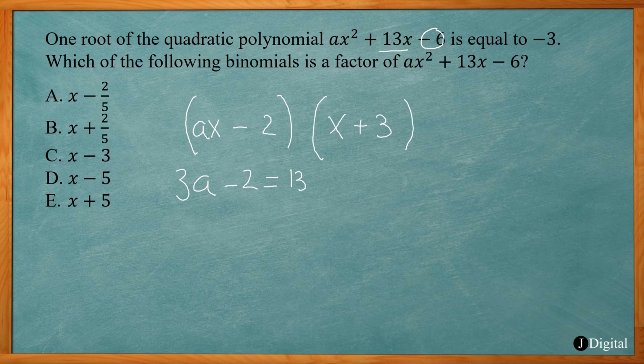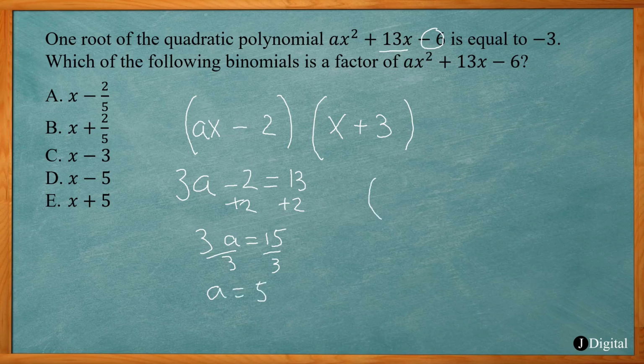So here we can solve for a. I'm going to add 2 to both sides. It's going to be 3a equals 15. Divide both sides by 3, and then a equals 5.